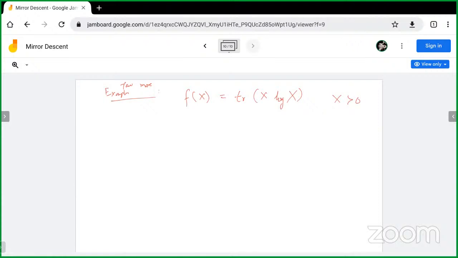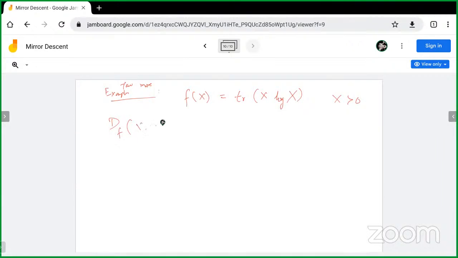This is like the matrix analog of the negative entropy. It's not called matrix divergence, but it looks very similar.